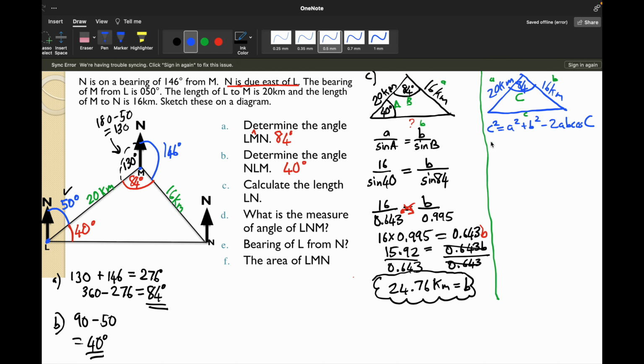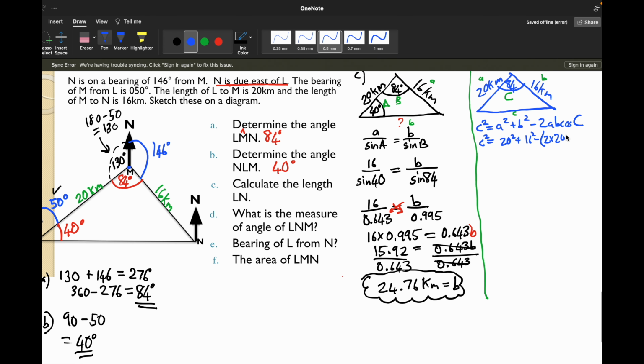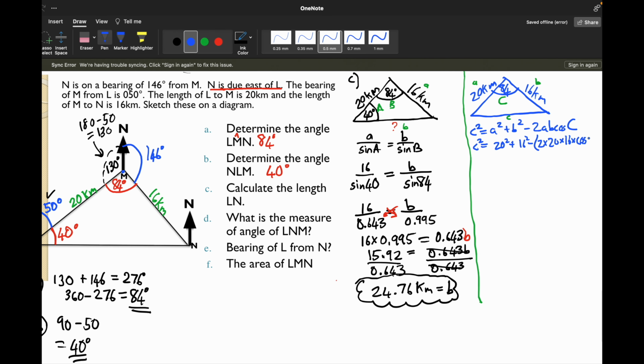So c squared is equal to a, which is 20 squared, plus 16 squared, minus 2 times 20. So we're finding the length. Oh, so this is going to get us 24.7. Supposed to. Because remember, the two rules could work in this case.